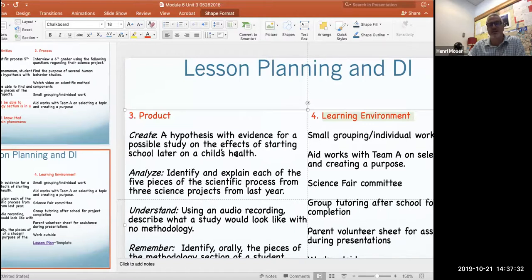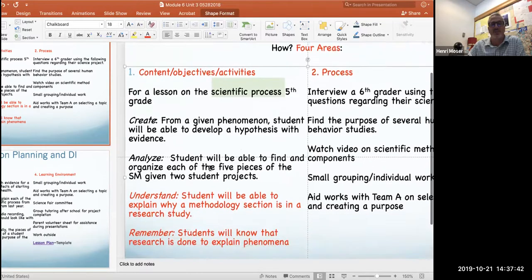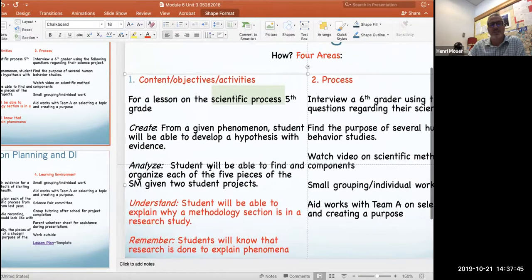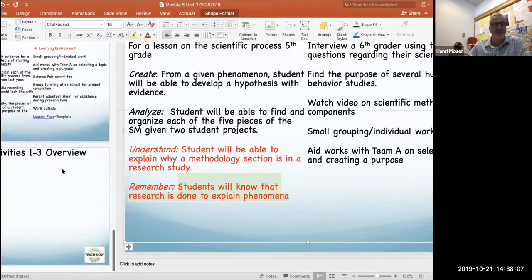And I'll send this to you guys so you can go through it if you're interested. I gave an example of a 5th grade science project, the scientific process, teaching this to them, and where we're going to have all the kids. And I think what's key is that we don't want to have our lower end kids doing this and our higher end kids doing this. Somehow we're going to have to figure out how the lower end kids can have access to this, and then also how to make this somewhat engaging for the higher end kids who already know how to do it, or already understand that concept.